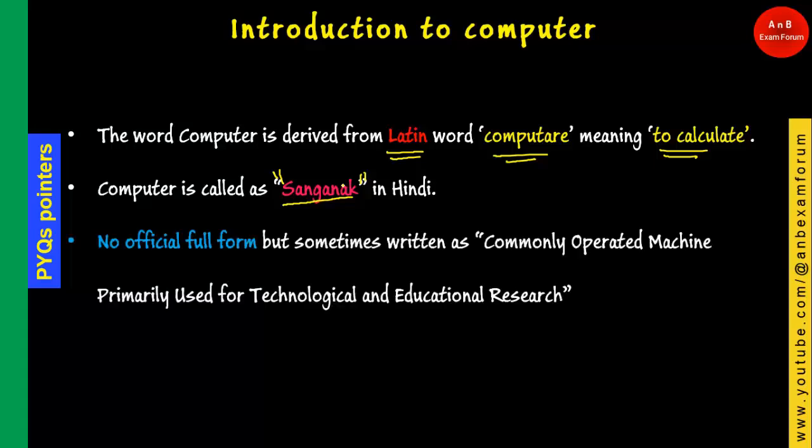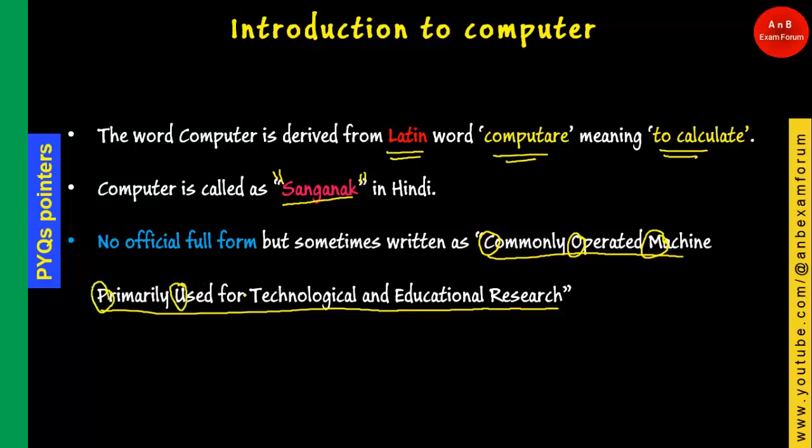Okay, and the next pointer is that it has no official full form, but sometimes in educational institutions it is written as commonly operated machine primarily used for technical and educational research. C stands for commonly, O stands for operated, M stands for machine, P stands for primarily, U stands for used for technological and educational research.